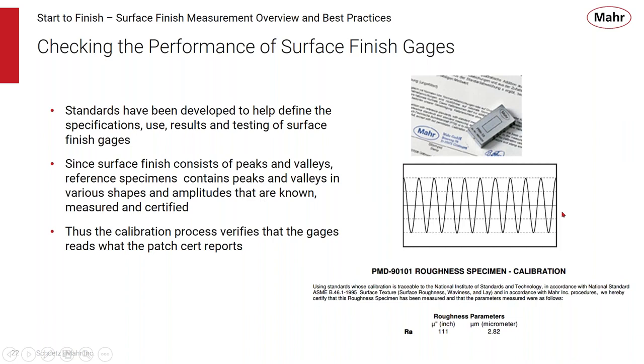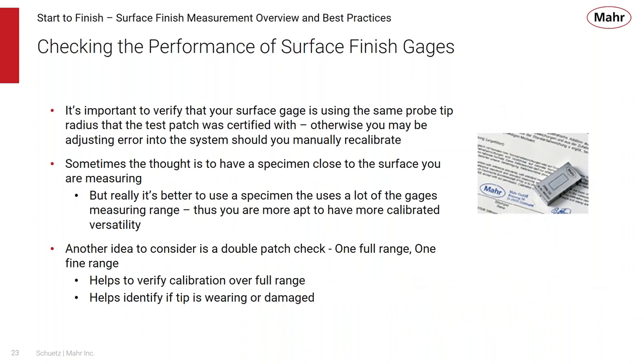So there's different style patches out there of different waveforms, but you will get a certification with them that defines what that calibration results are of that test specimen. So it's important to verify that your surface gauge is using the same tip radius as the test patch was certified with.